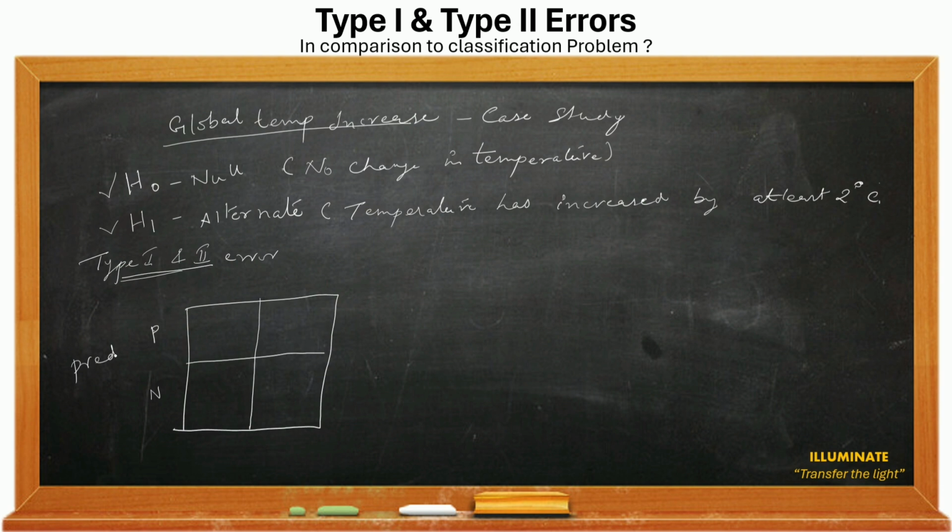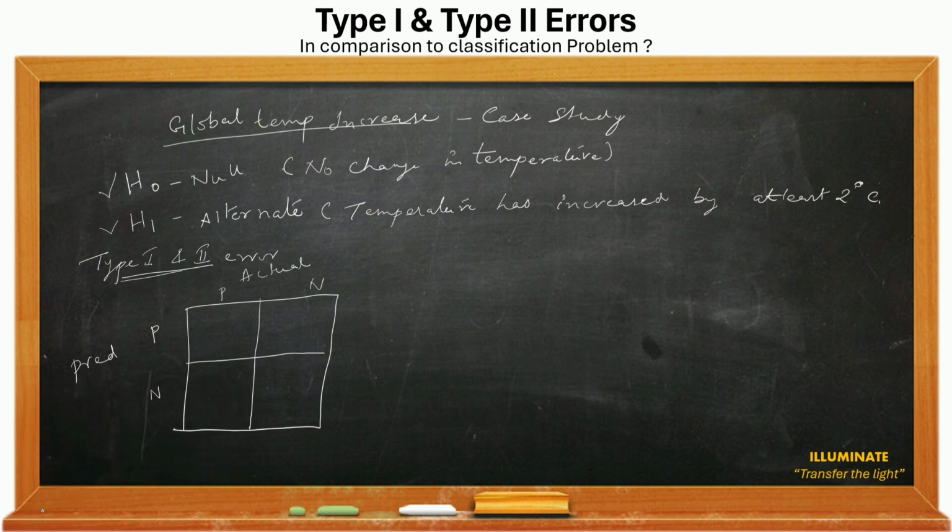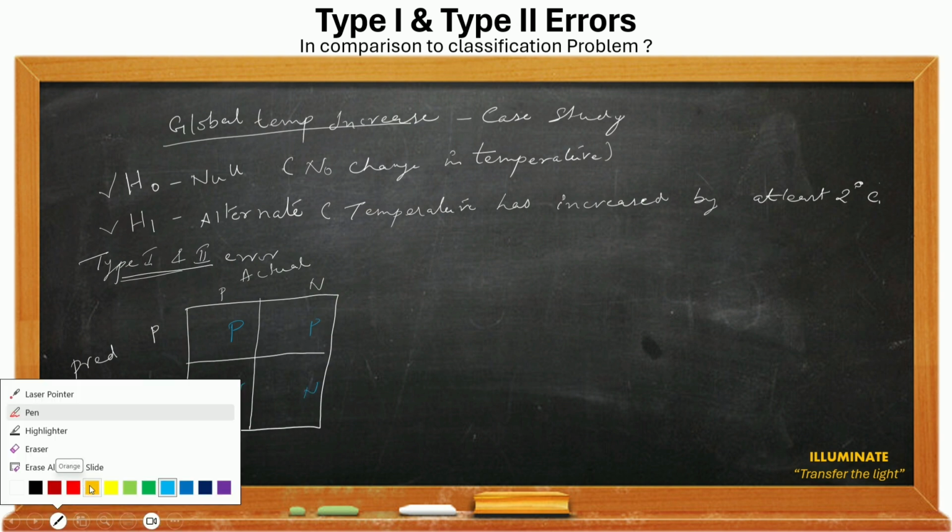Let's write positive and negative first. Positive, negative: this is what we are predicting and this is our actual, as we have learned in classification as well. Now these are all predicted: predicted positive, predicted negative.